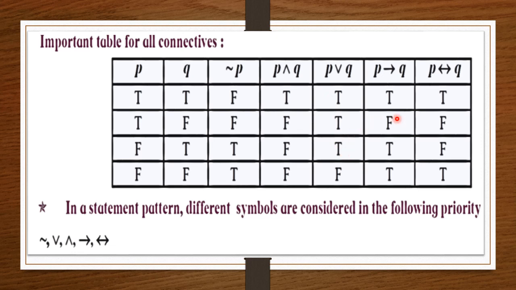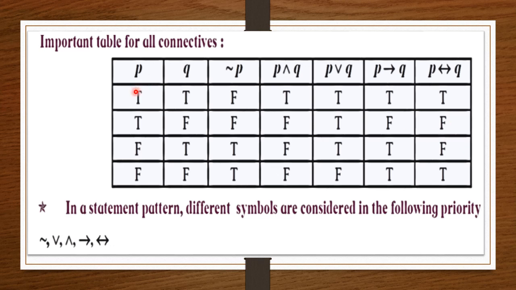Here in implication we know that when T goes to F, that is when the first statement is true and the second statement is false, only that time we have the implication to be false. In all the rest three cases the implication is true. And in P double implication Q, when both the statements have the same truth values, then it is true, and in the other two cases it is false.